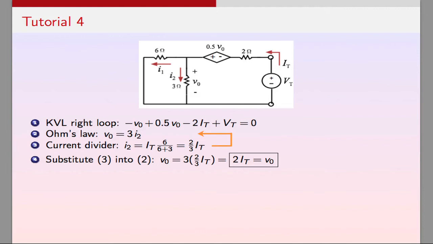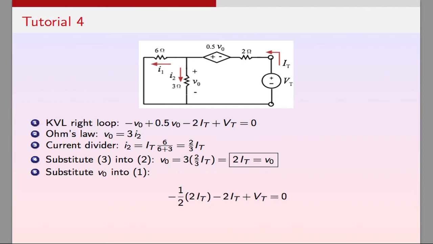Now substituting equation 3 into equation 2, we have V0 is equal to 2 times IT. Also, we can substitute V0 back into equation 1, and this gives the following equation, which only has IT and VT.